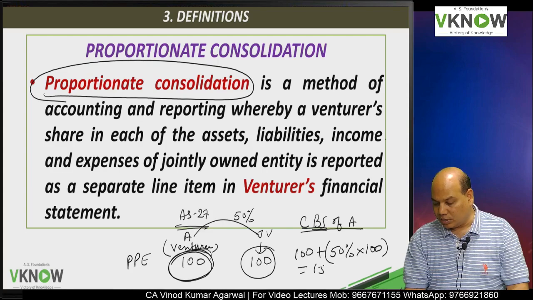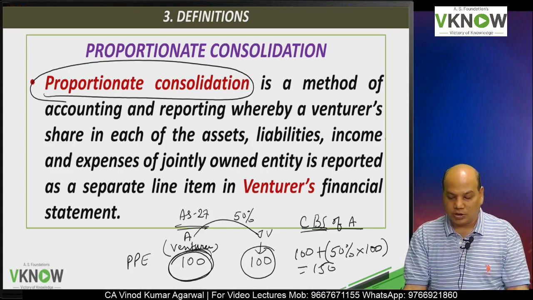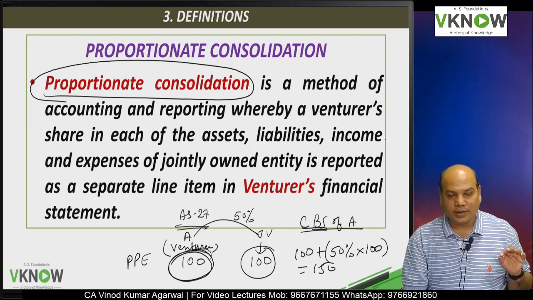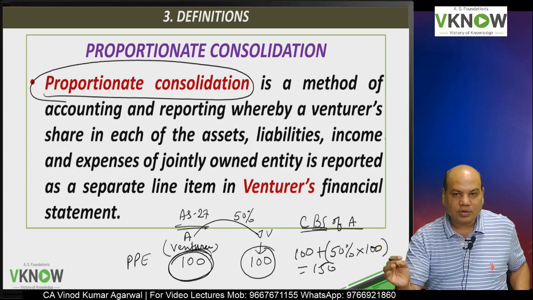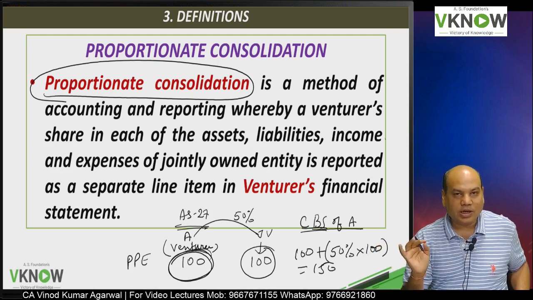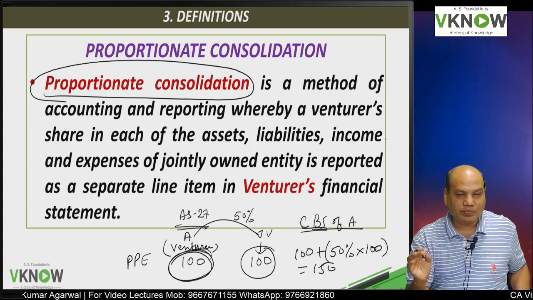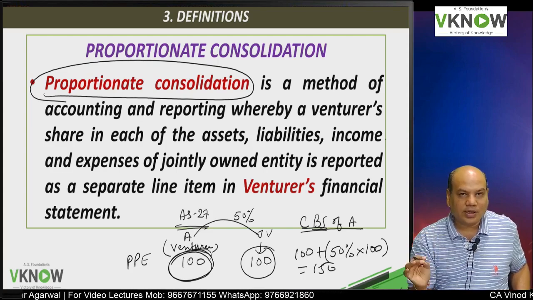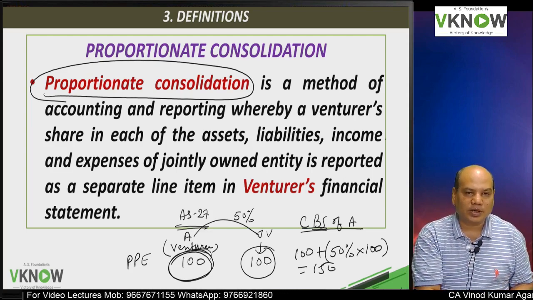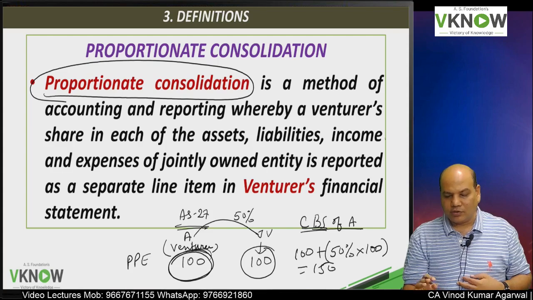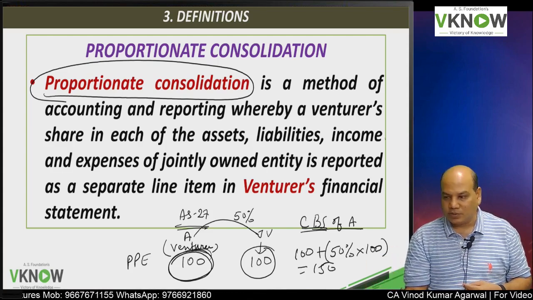So my answer will become 150. That is called proportionate consolidation. So here I am going to consolidate our share in the assets, our share in the liabilities, our share in the revenue or income, and our share in the expenses with our own assets, liabilities, income and expenses. Okay, and that is proportionate consolidation. Very easy chapter.